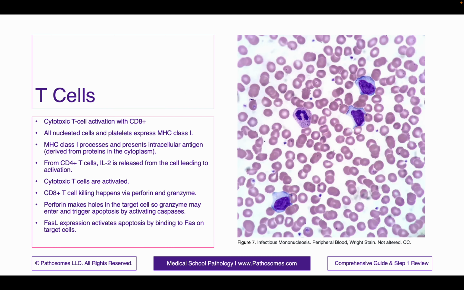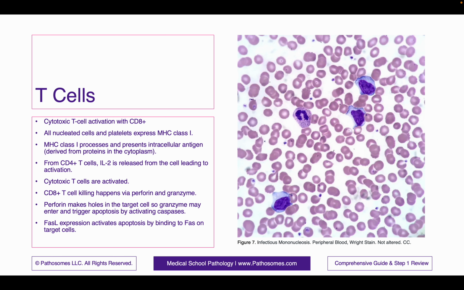Regarding T cells, cytotoxic T cell activation with CD8 positive T cells. All nucleated cells and platelets express MHC class 1. MHC class 1 processes and presents intracellular antigen derived from proteins in the cytoplasm. From CD4 positive T cells, interleukin 2 is released, leading to activation.